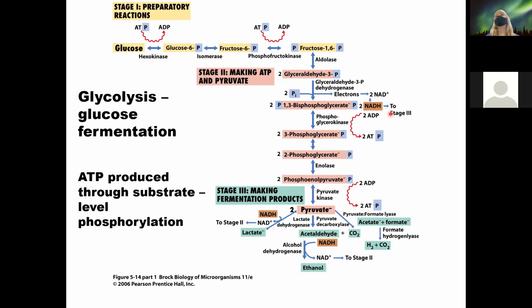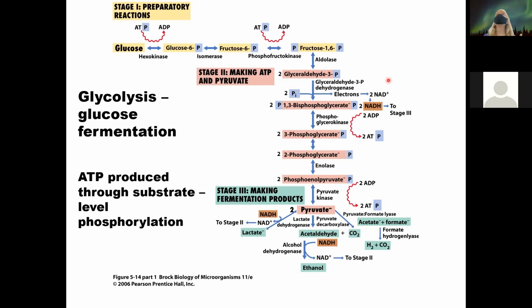What they're trying to show here is that when you're a microbe, or pretty much any living cell, there's not a lot of NAD or NADH in a cell. So it has to get constantly recycled so that you have some NADH, but you also have some NAD+, because there's not a ton of it in the cell. So there's this need to keep it getting recycled, so to speak.